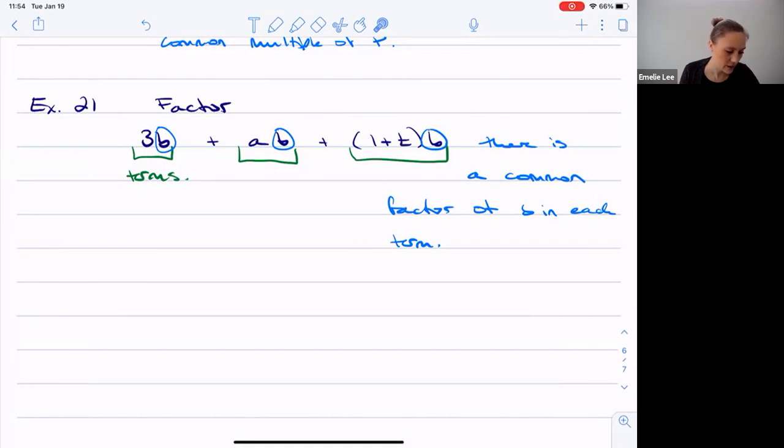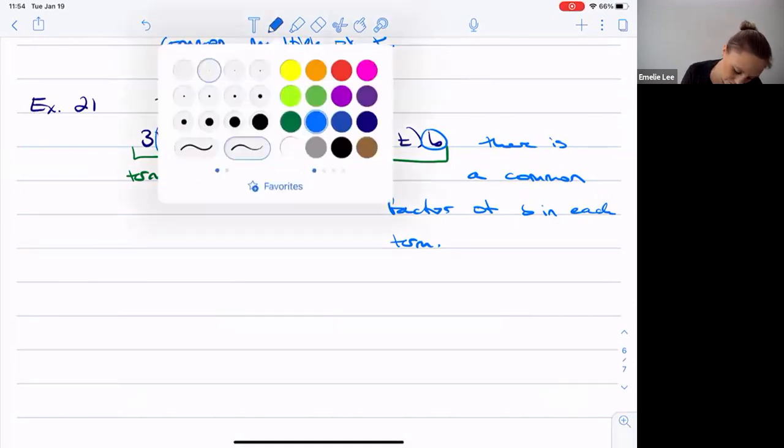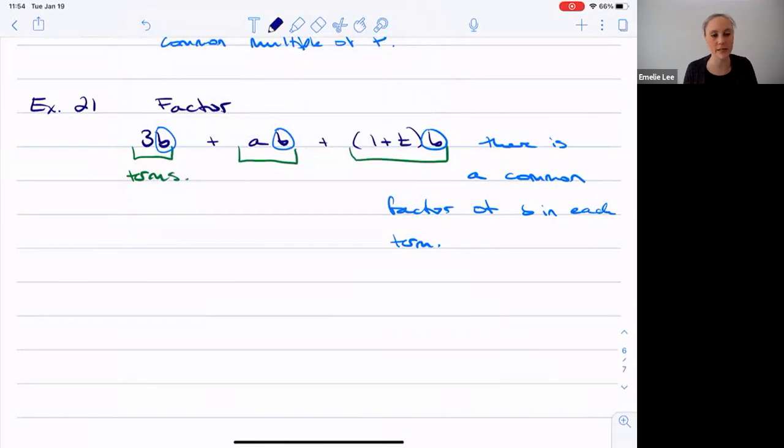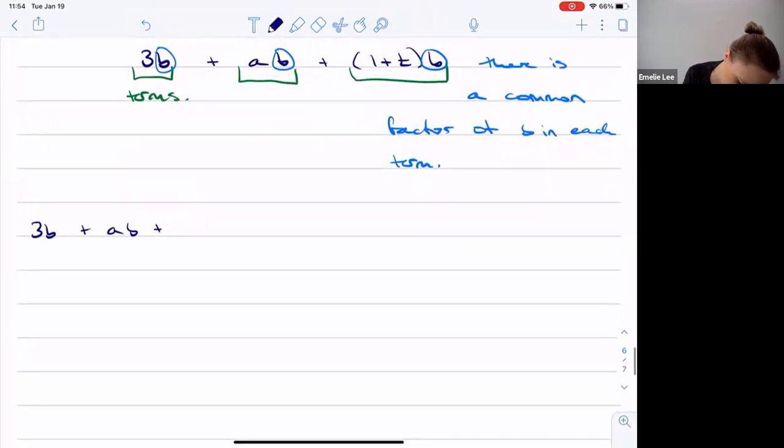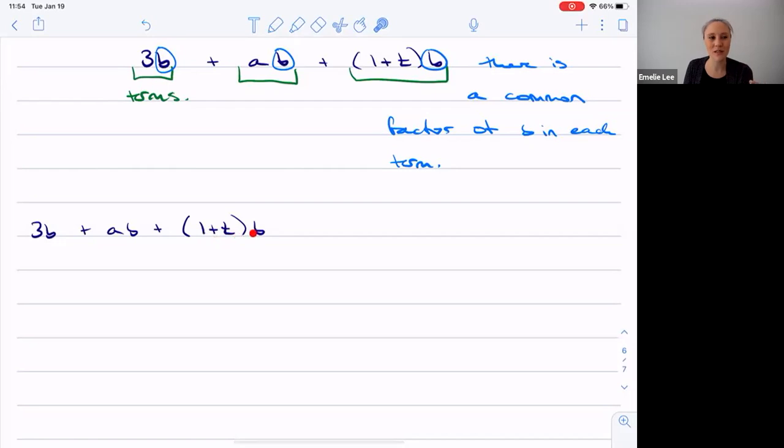I'm just going to rewrite what I have here: 3b plus ab, shifting it way over to the left because I'll need room on my right-hand side, plus (1 plus t) times b. One thing I want to make note of is you could absolutely expand this b inside, which would be b plus tb.